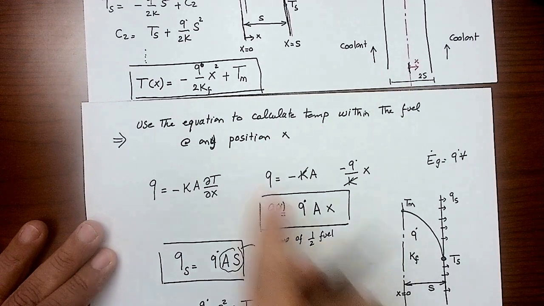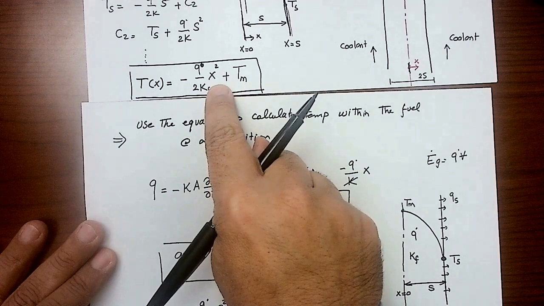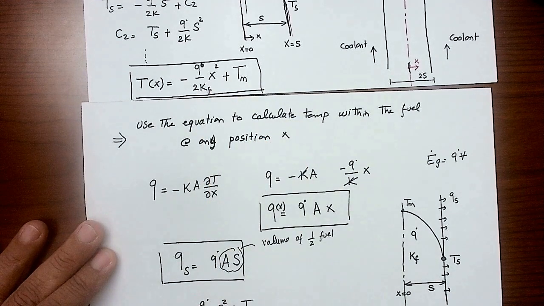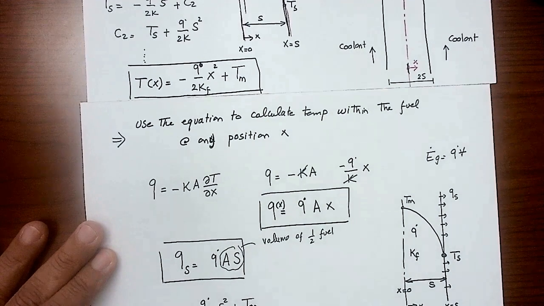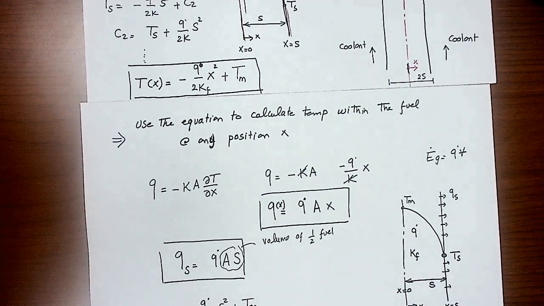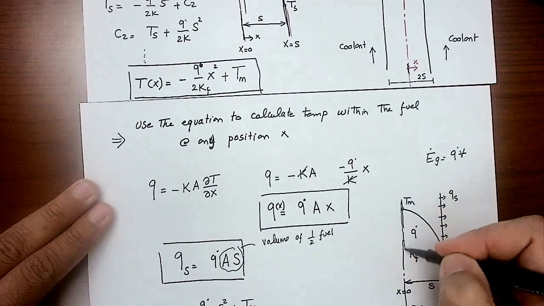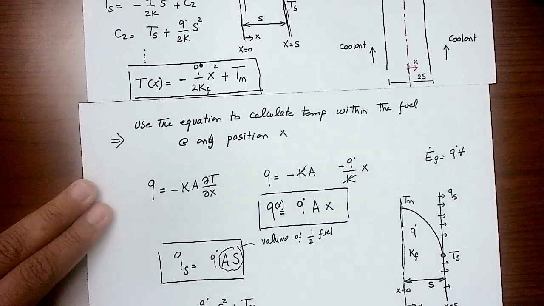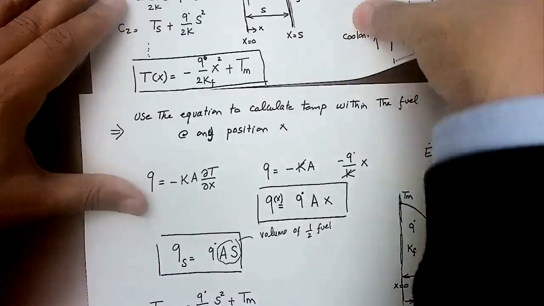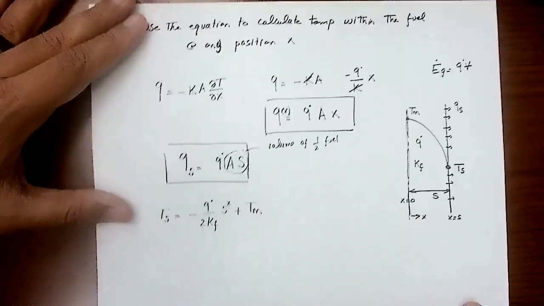It's X equals S, so I put X equals S in this equation. It becomes minus Q dot over 2K of the fuel S squared plus T max, and this should give me TS. T max is the maximum temperature at the center line of the fuel. TS is the surface temperature of that fuel.